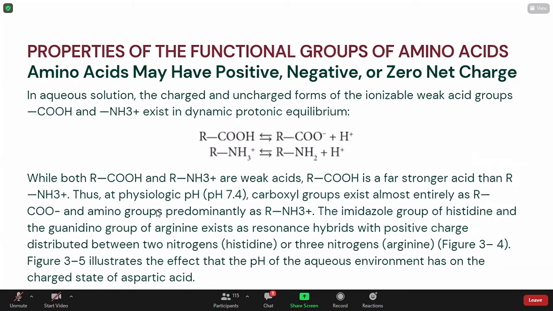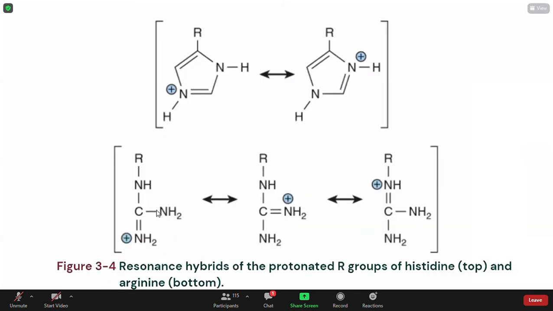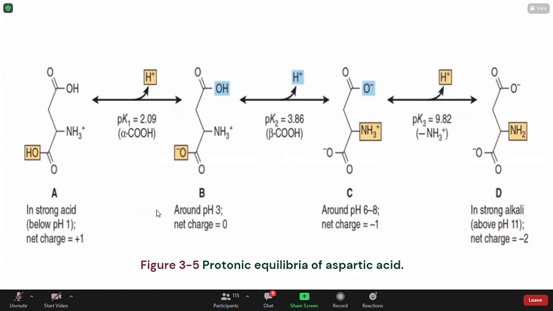Okay, amino acids may have positive, negative, or zero net charge depending on the pH of the environment. Example, you have a protonic equilibrium of aspartic acid.